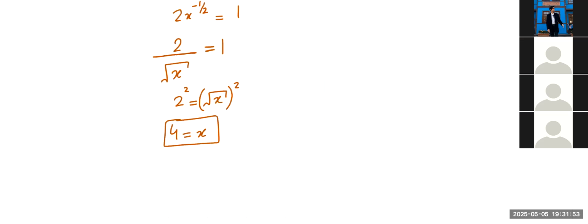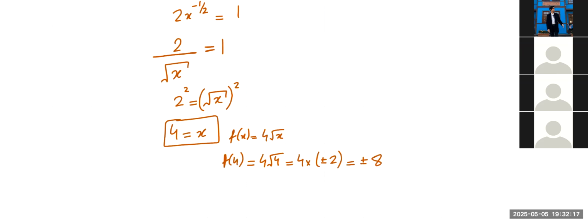So the main function is equal to 4 root x, which means if I plug in 4 to get the y value at x equals 4, I would get 4 times root of 4, which would give me 4 times 2, which would give me 8. In fact, there's an interesting point here. Root of 4 can give me plus or minus 2, which means I have two answers, plus or minus 8.